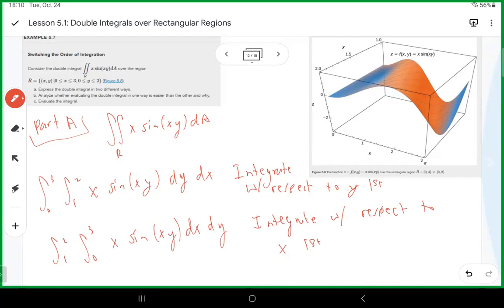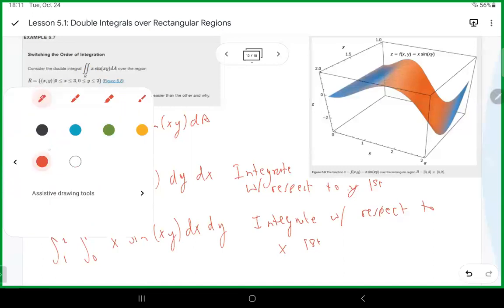As far as analyzing whether evaluating the double integral in one way would be easier than the other and why, we want to consider, if we want to integrate with respect to y first and then integrate with respect to x, you'll see that we can use a u substitution where u would equal xy, which would then give you du equals x dy.